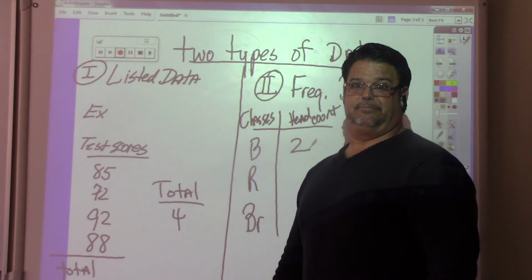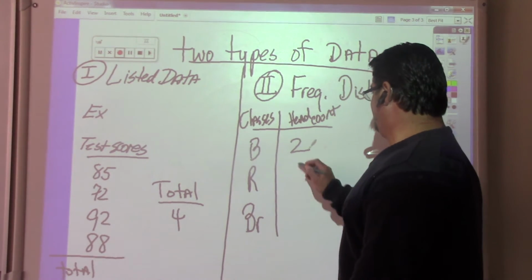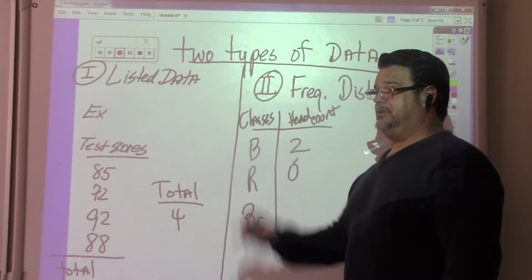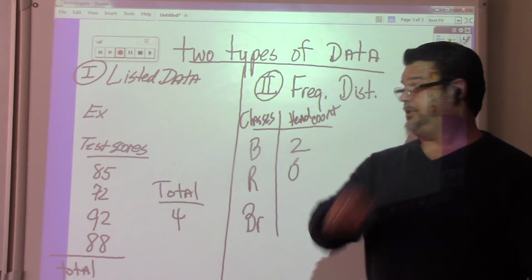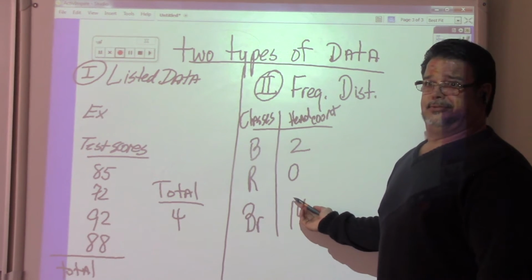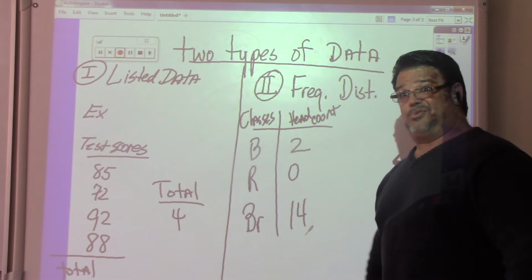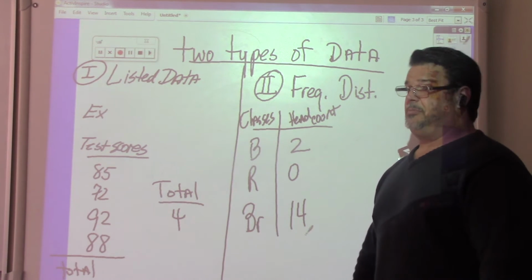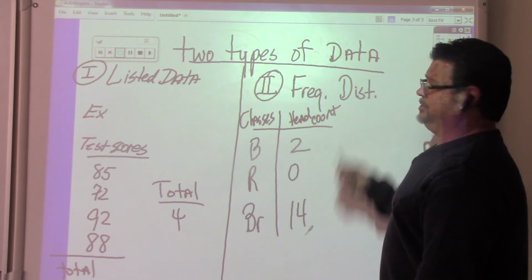Oh yeah, I can go ahead and say it. And the rest of y'all: 1, 2, 3, 4, 5, 6, 7, 8, 9, 10, 11, 12, 13, 14. That is a frequency distribution. Everybody knows how to use it, but did you know it's called a frequency distribution? A lot of people just call it a table, but it's called a frequency distribution.